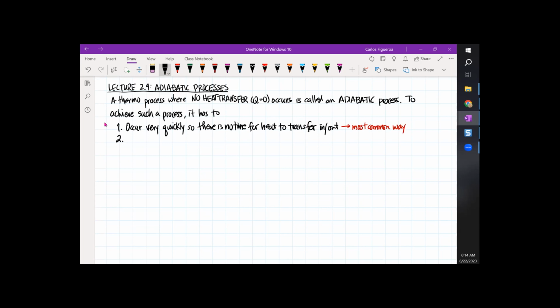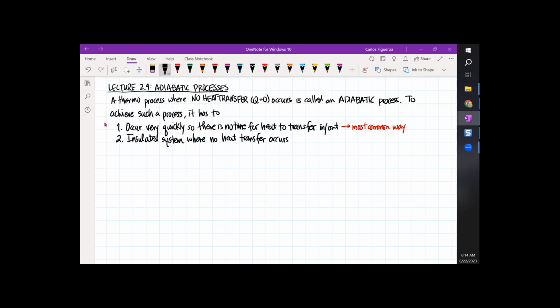Two, you can have an insulated system where no heat transfer occurs. And of course, it doesn't go in or out.